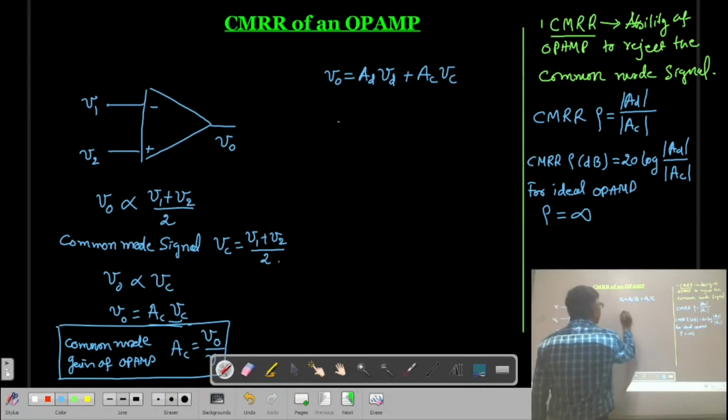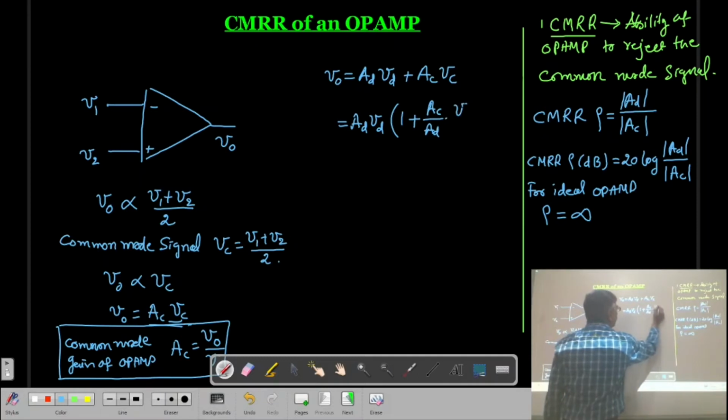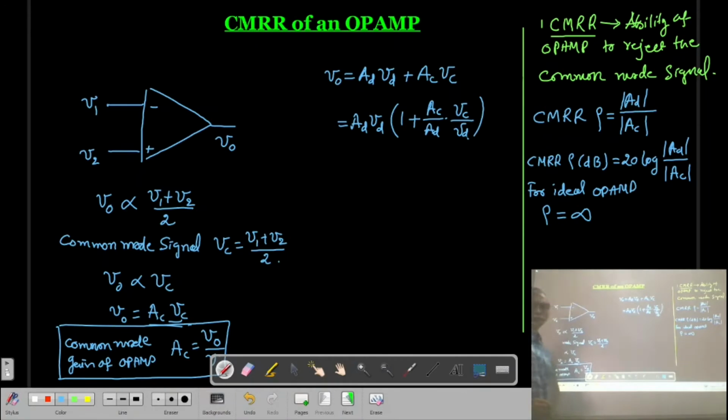So if we take AD into VD as common, then we have 1 plus AC by AD into VC by VD. Now AC by AD is equal to the reciprocal of the CMRR.